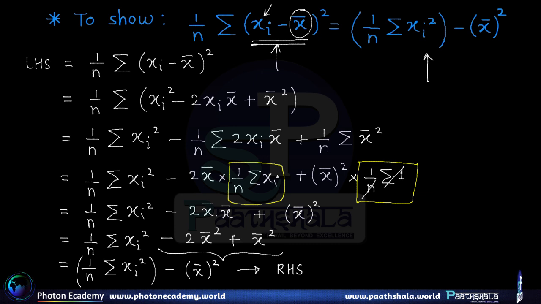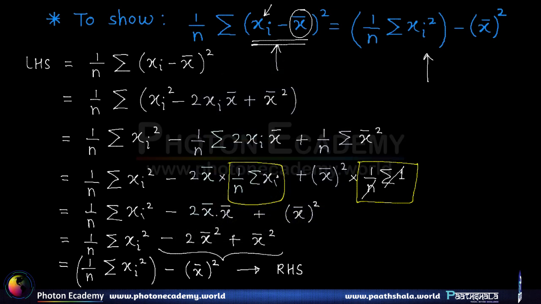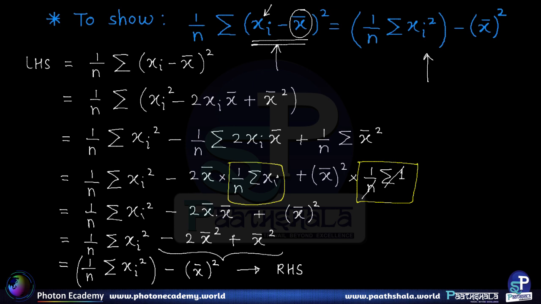But often x bar could have some decimal part, some fractional part. In that case the left hand side form will not be convenient, so we have to go with the right hand side form, which is slightly more convenient from the calculation point of view. This is to be kept in mind while solving the sums based on variance.